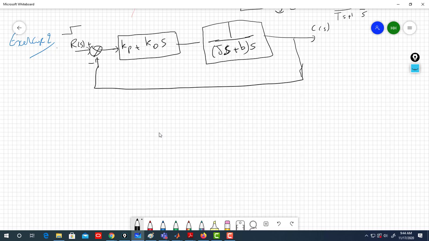If you find the transfer function of this one, C over R, which we did in the lecture, we found it equal to (KP plus KDS) over (JS squared plus (B plus KD)S plus KP).